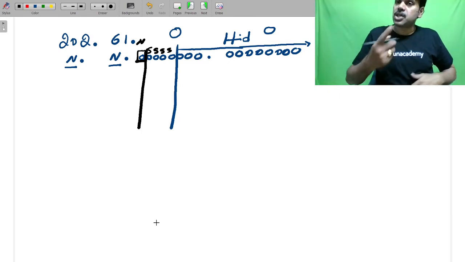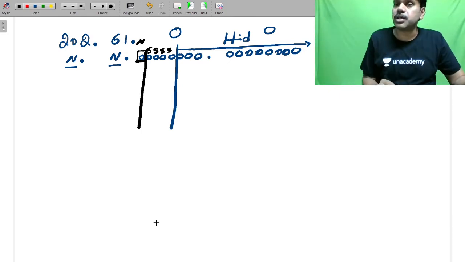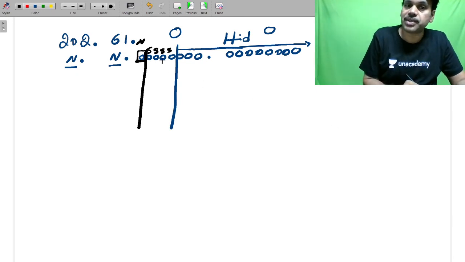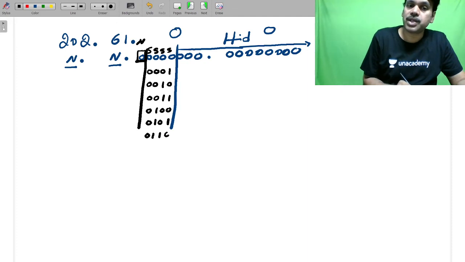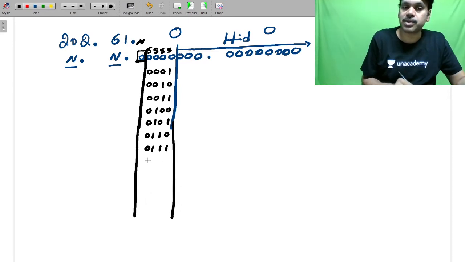So write the permutation combinations of your 4-bit subnetting. First one is 4 zeros. 0001, 0010, 0011, 0100, 0101, 0110, 0111. You can also write a shortcut, but let me show you the process. 1000, 1001, 1010, 1011.